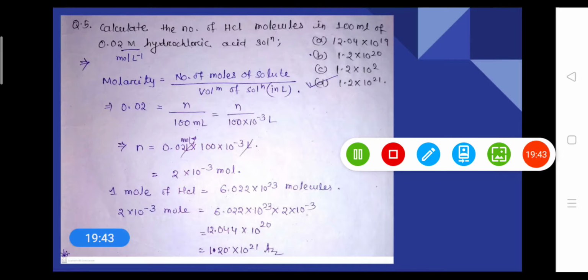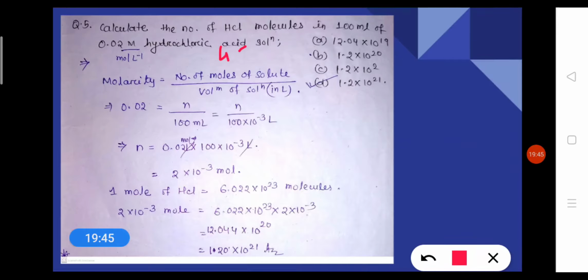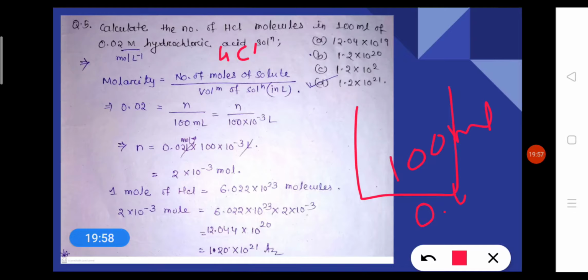HCl acid solution is present in a 100 ml container, 100 ml of 0.02 molar HCl solution. How many molecules are present in this solution? We first have to calculate the number of moles, then the number of molecules.